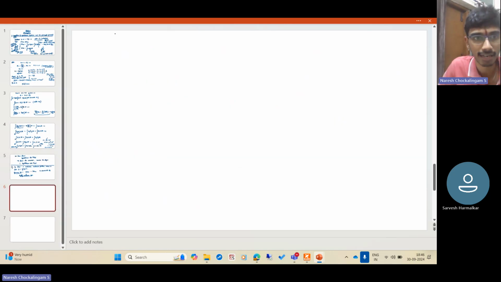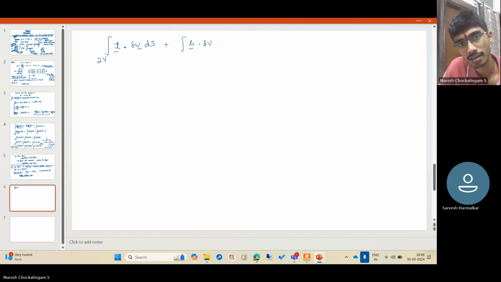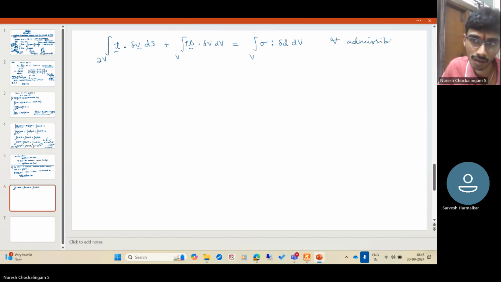We have to solve for the integral of t dot del v over the entire surface plus the integral of rho b dot del v over the volume, equal to the stress power, sigma double dot del D, integrated over the volume, for admissible del v.